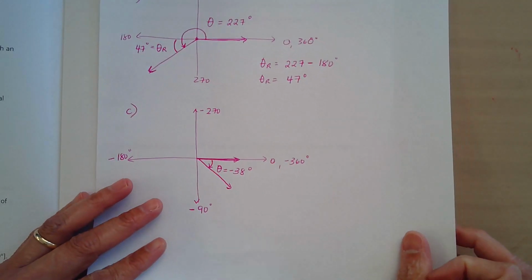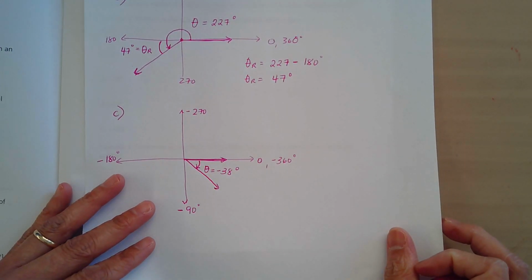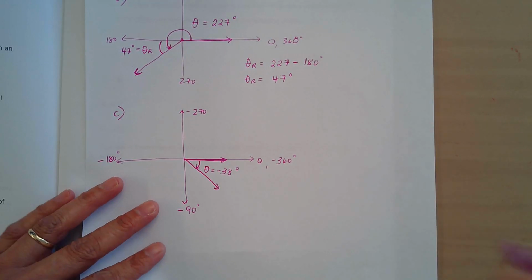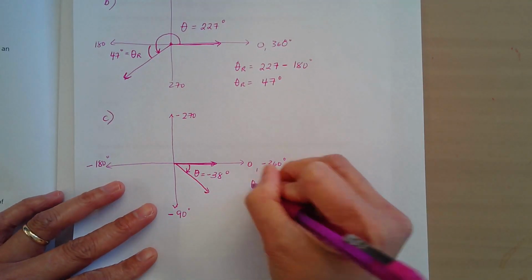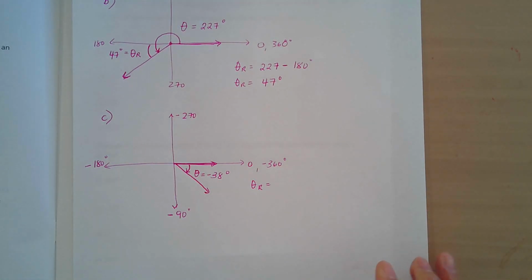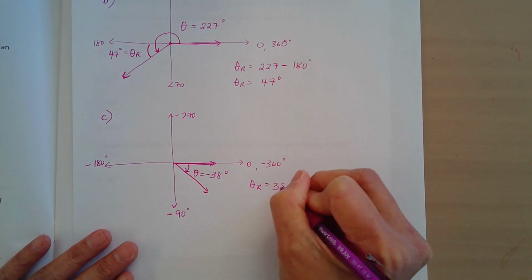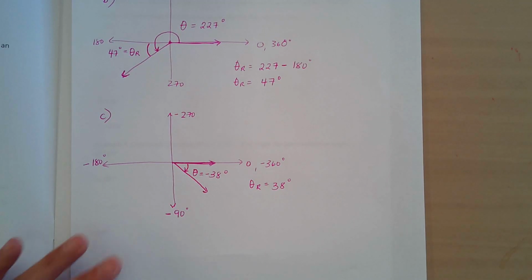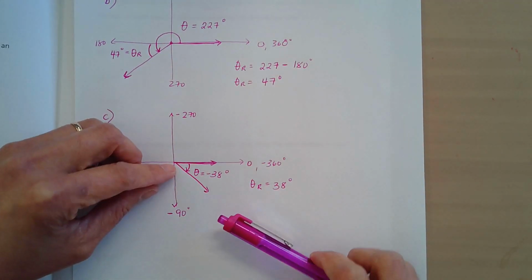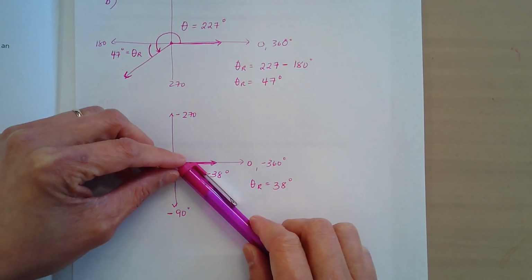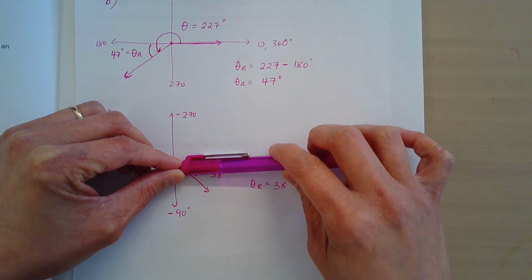Now, what's the reference angle? 38 degrees as well. So theta r is going to be 38 degrees, right? I'm trying to repeat myself because when we use the terminology over and over again, this idea gets cemented in our brain. So the reference angle is the angle between the terminal arm and the x-axis.